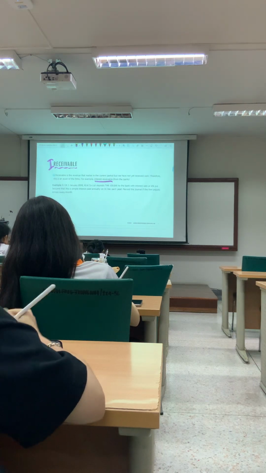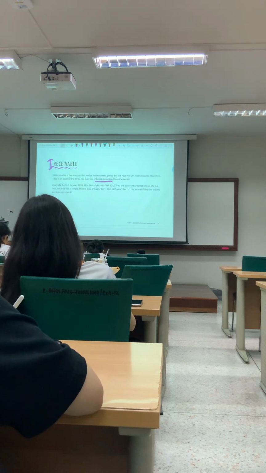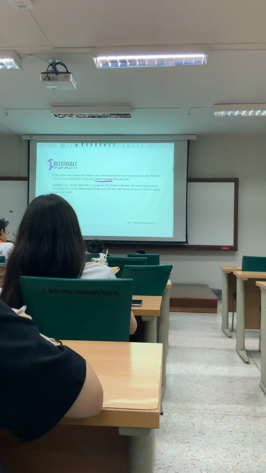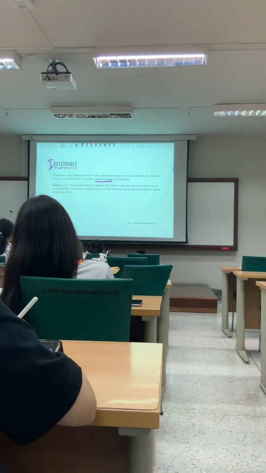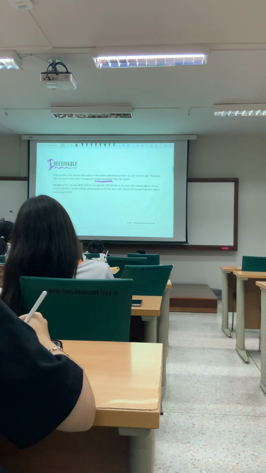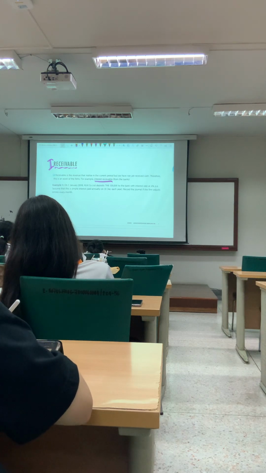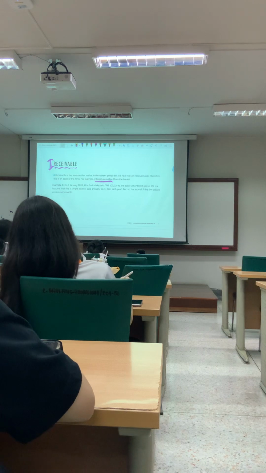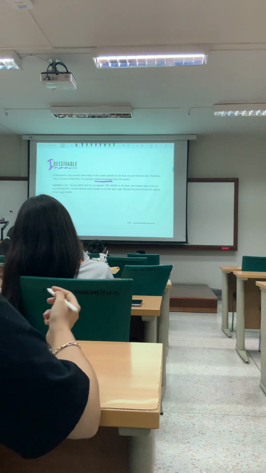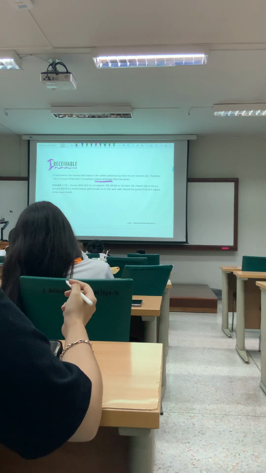Let's see the first example. We normally see the interest receivable from the bank. Let's say the same thing as example 1. On the 1st of January 2008, KLM Company Limited deposited 100,000 baht to the bank with the interest rate of 6% per annum. PA means per annum, per year.